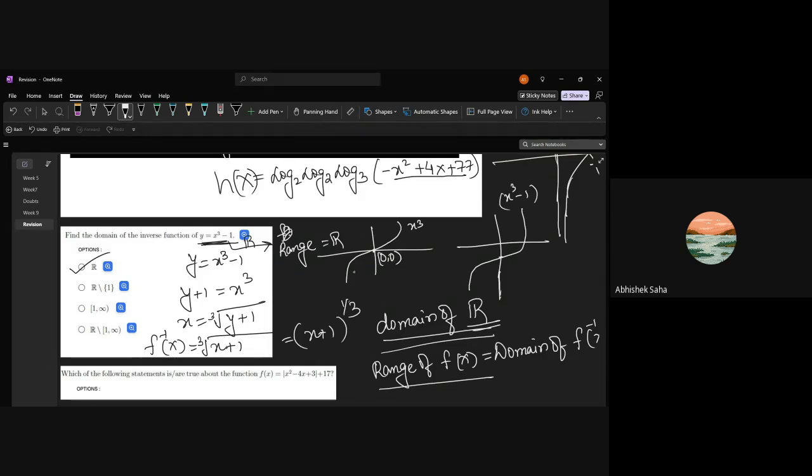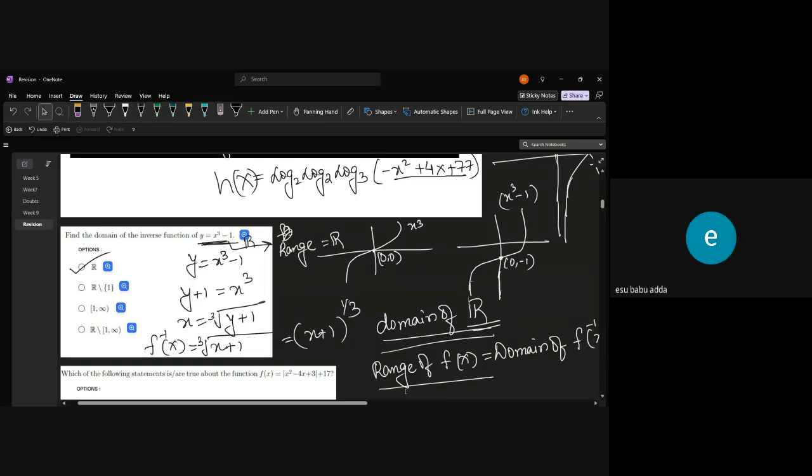That's where I got the graph. If you put x equal to 0, what will be the value of the graph? At x equal to 0, value will be minus 1. So this graph should also pass through 0 comma minus 1. I have drawn the same graph, just shifted to 0 comma minus 1. It is not passing through 0 comma 0; instead, it is passing through 0 comma minus 1. That's it.